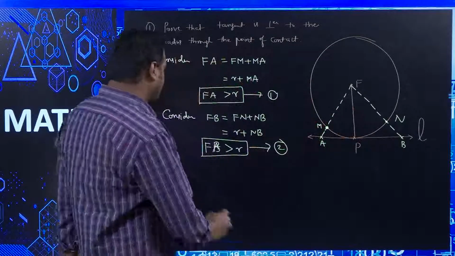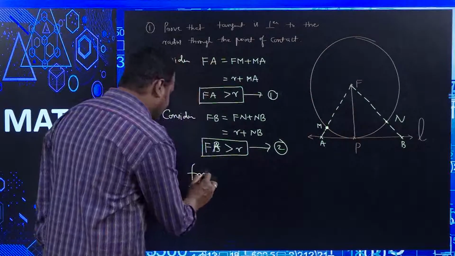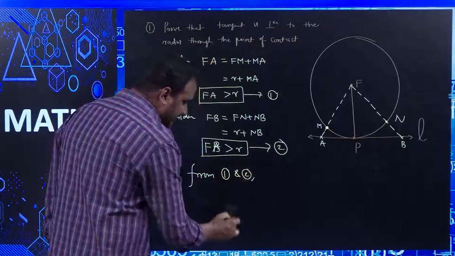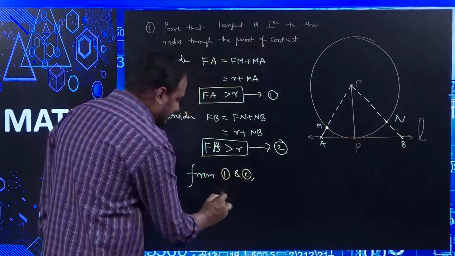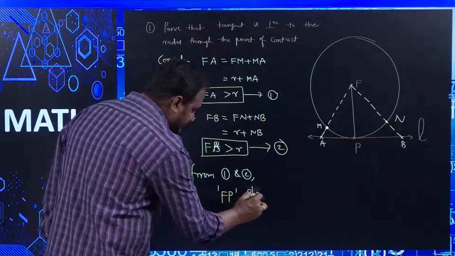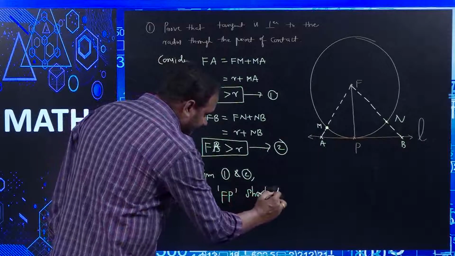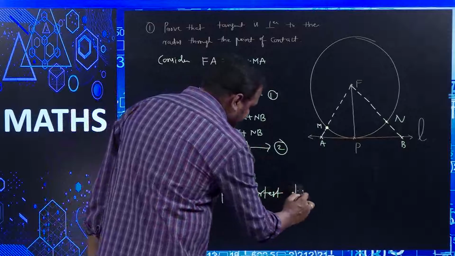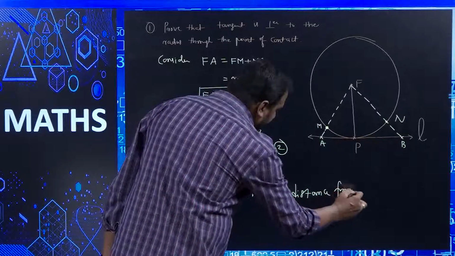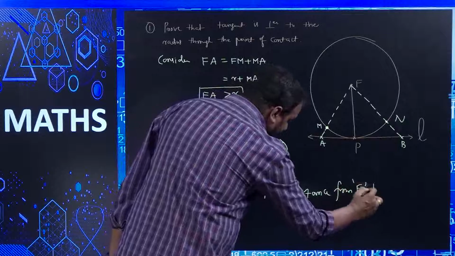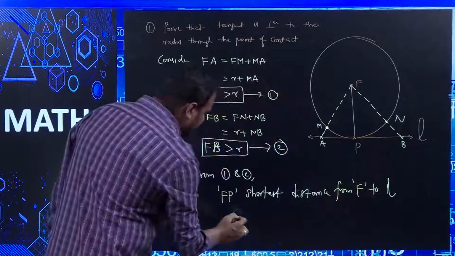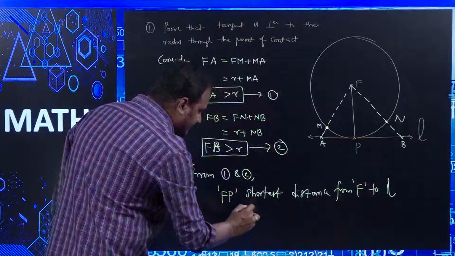contact. Therefore, from 1 and 2 we can say that the radius, that is FP, is the shortest distance from center F to the tangent L. So the shortest distance is nothing but the perpendicular, right?